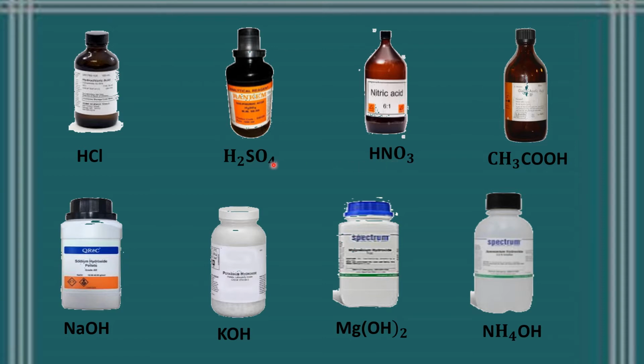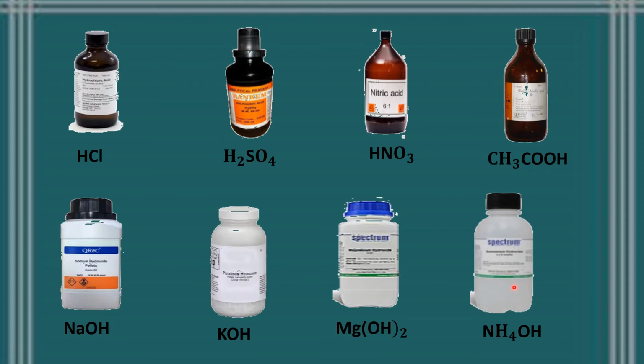We have to add a few drops of these liquids to the water, so that we'll get the dilute solutions. And for the solids, we have to take a small amount of the sodium hydroxide in a beaker, and then we have to add a few ml of water to it, and then stir it, so that we will get the solution. Like that, we have to prepare for the potassium hydroxide as well as the magnesium hydroxide.